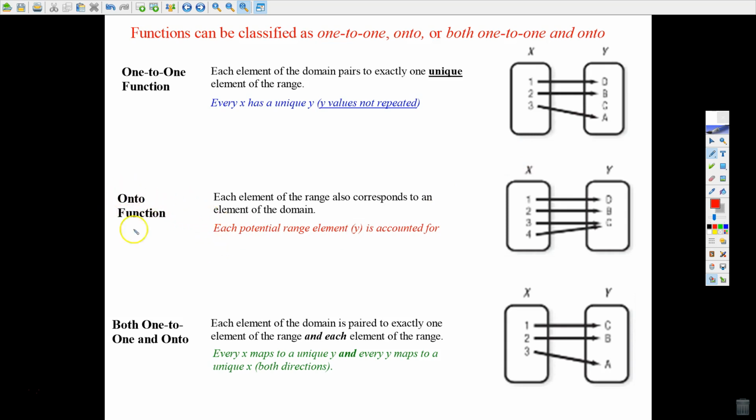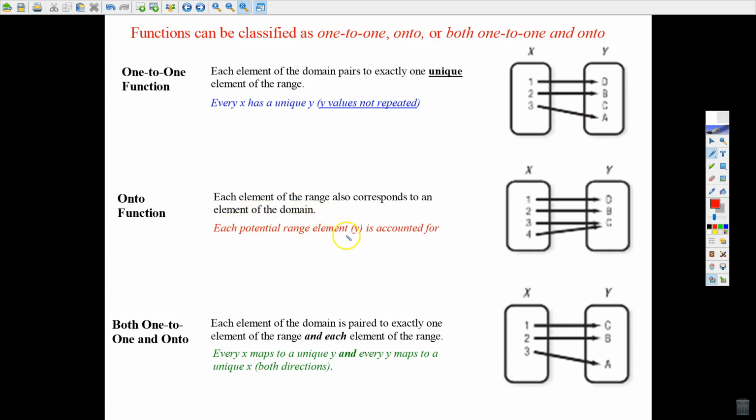Well, let's take a look at this onto function, and then we'll go back and see why this first mapping diagram is not onto. Well, here's the big deal about an onto function. Here's the definition: every element of the range also corresponds to an element in the domain.